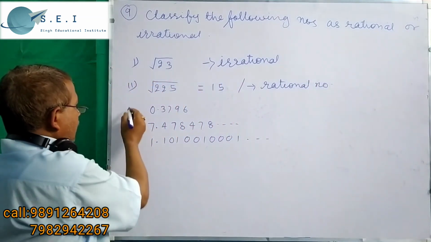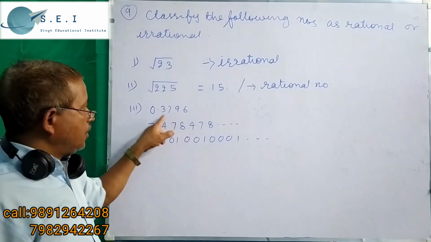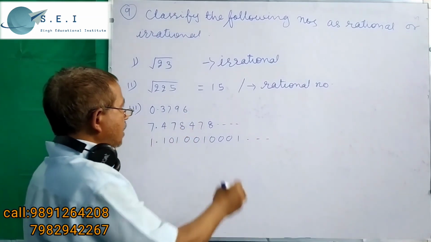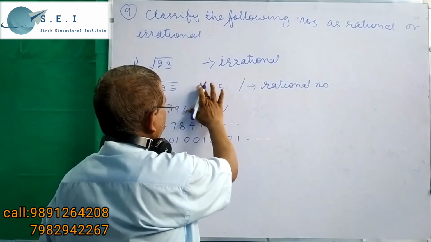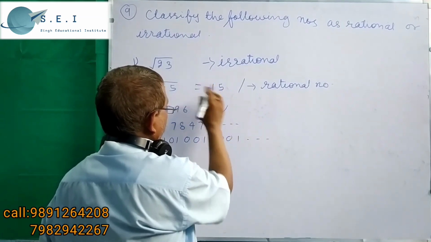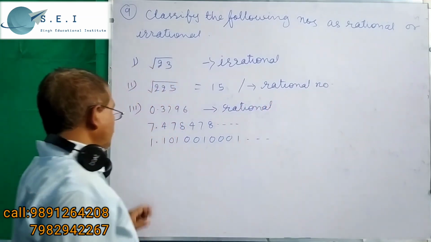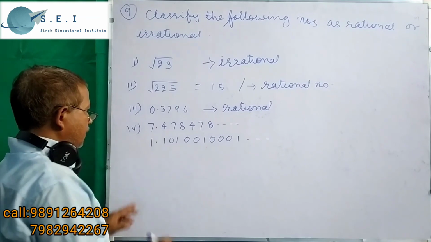Third part is 0.3796. This is a terminating decimal expansion. Therefore, it is an example of a rational number. Fourth is non-terminating but repeating.